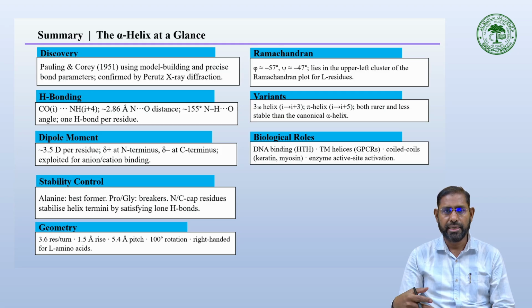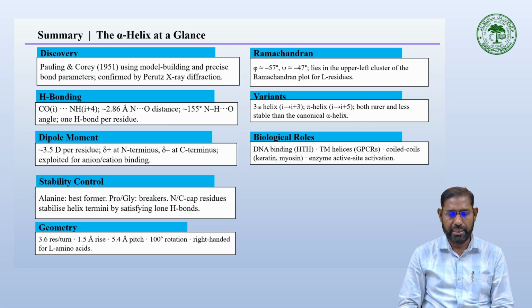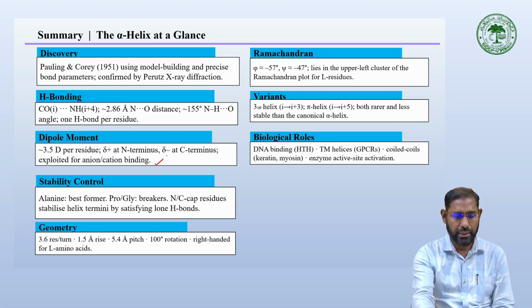The H bonding is C=O of i to N-H of i plus 4, the N-O distance is 2.86 angstrom, and the N-H-O angle is about 180 degrees, with one hydrogen bond per residue. The dipole moment is about 3.5 debye per residue, with partial positive at the N terminus and partial negative at the C terminus, exploited for ion and cation binding.